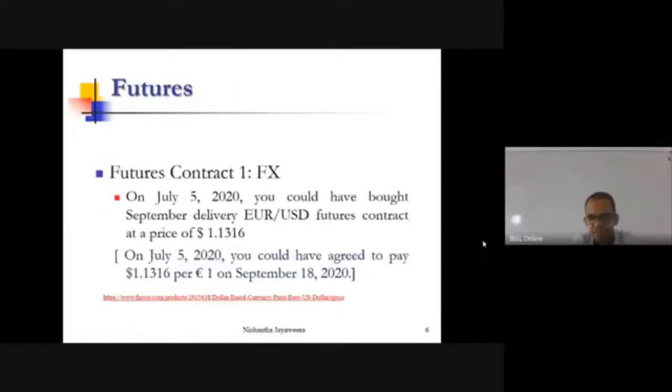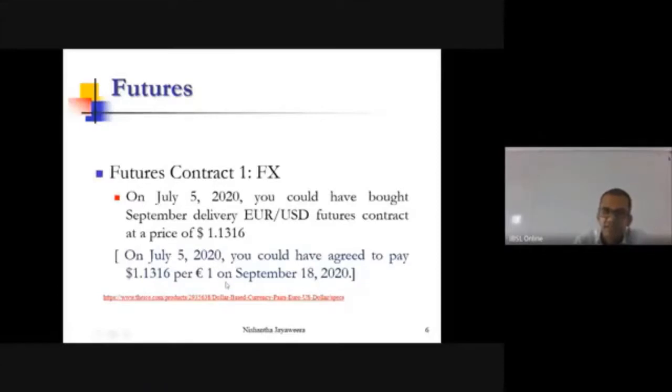So for example, this is a futures contract on foreign exchange. On July 5th, 2020, you could have bought a September delivery Euro USD futures contract at a price of $1.1316. What does it mean? On July 5th, you can enter into a transaction to buy Euro against dollar at a rate of 1.1316, but you buy it in September.